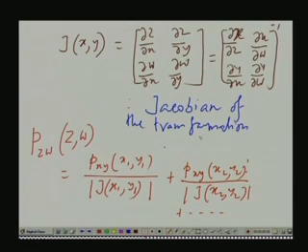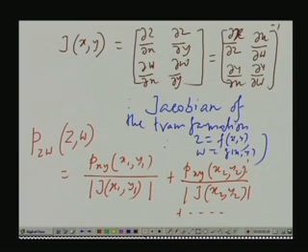Which transformation? That is z equal to f(x,y) and w equal to g(x,y). This transformation takes the xy pair and gives you the zw pair. So this transformation has a Jacobian, which matrix actually is defined like this.